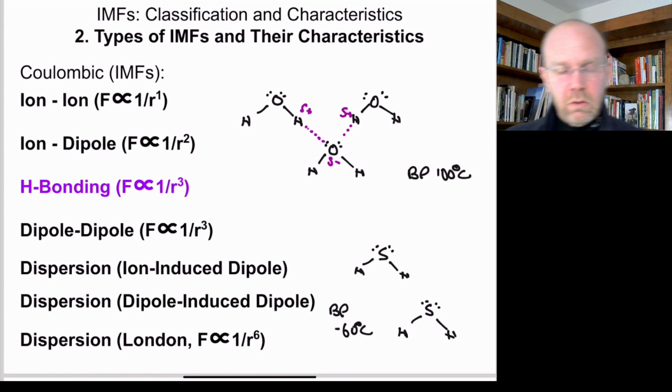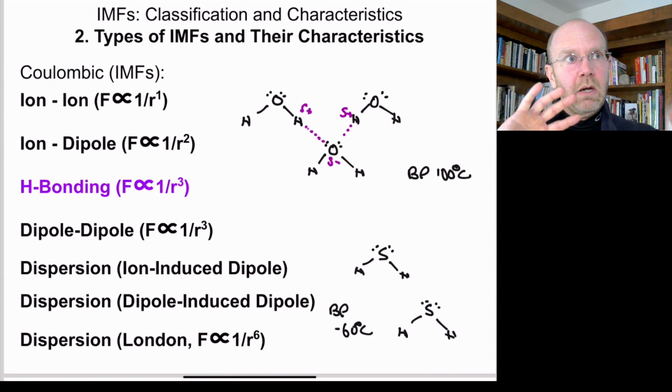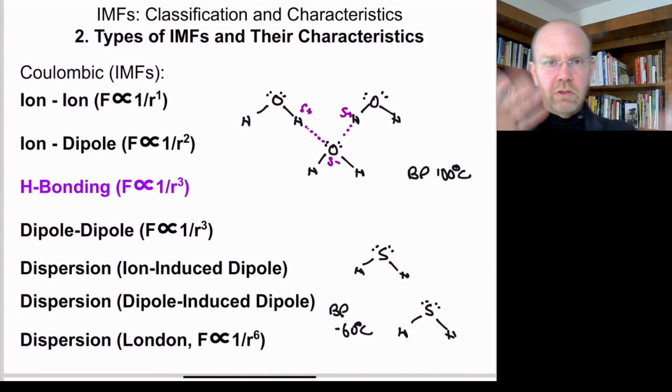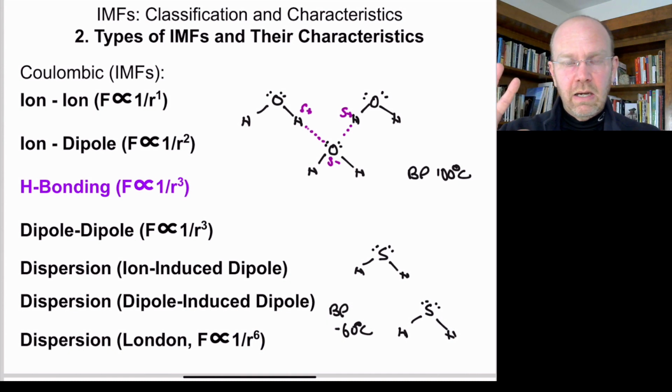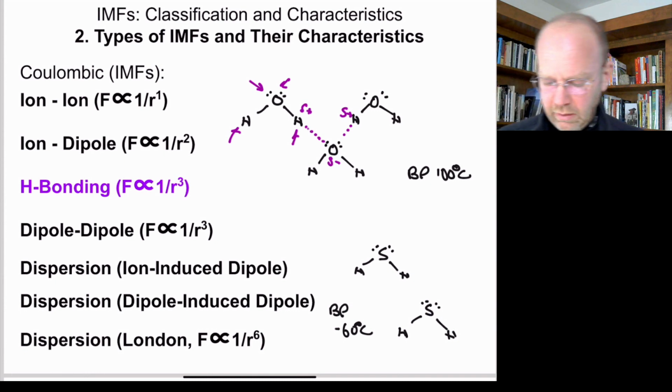In fact, we could imagine liquid water as a dynamic situation where one water molecule might be having hydrogen bonds with 2 or 3 different neighbors all at the same time. It could have a maximum of 4, right? Because it could have one hydrogen bond here, one there, one there, and one there. In ice, that's what happens. Every water molecule is involved in 4 hydrogen bonds. That's the optimal arrangement.